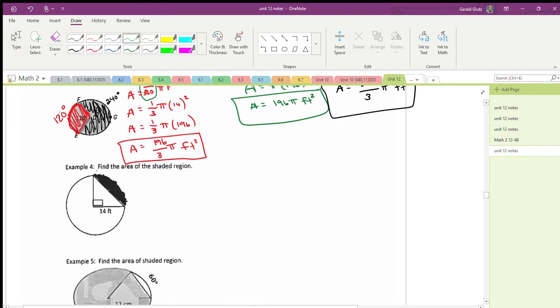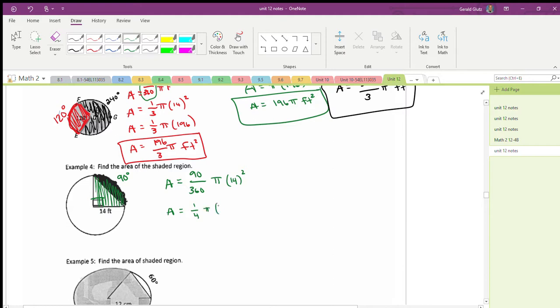So in example 4, if I just wanted to find this shaded area, notice that this tells us it's a 90-degree angle, so this arc would be 90 degrees. The radius is still 14. So if I found the area of the entire shaded, like 1/4 of the circle right here, I would have area equals 90, since I'm finding 90 degrees out of 360, times pi times 14 squared. 90 divided by 360 reduces to 1/4.